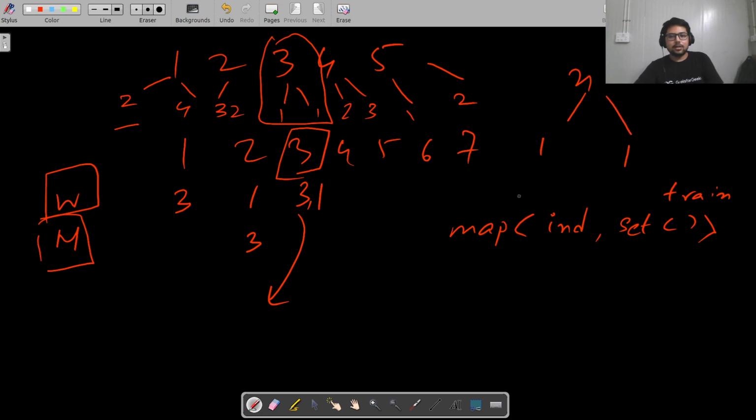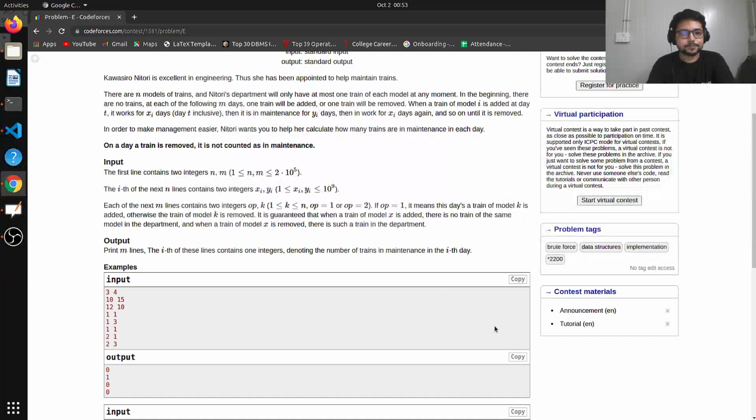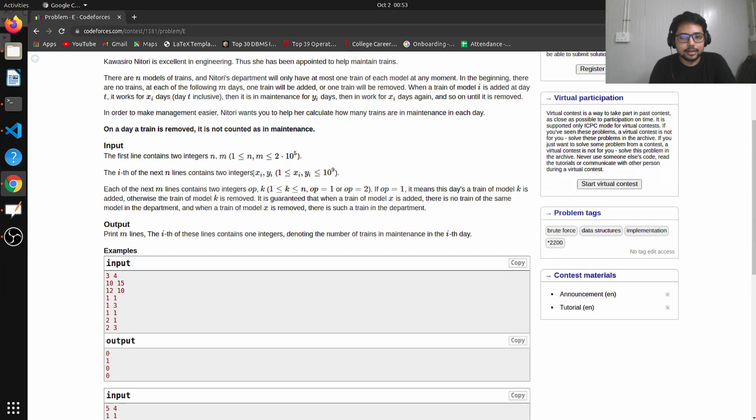In this case, after every shift, a major portion of the trains will keep on swapping their sets, and eventually, in the worst case, we will have a time complexity of around O(n * n), which isn't good for this problem, as the limits for n and m are 2 * 10^5.